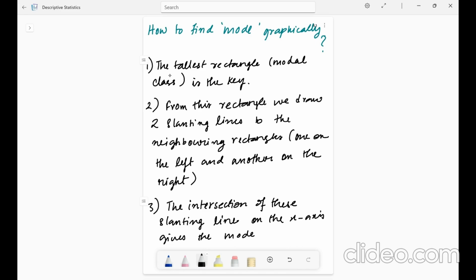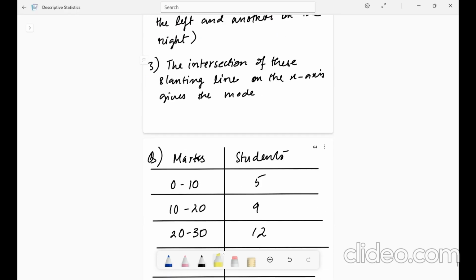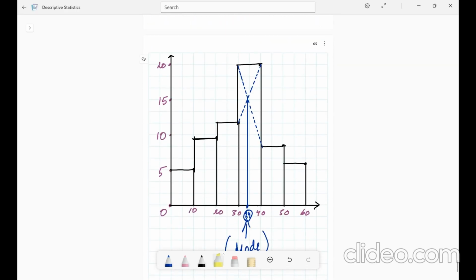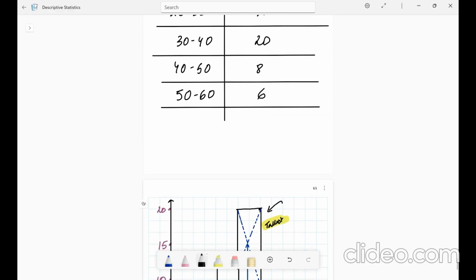Now, next part is how to find the mode graphically. First, the steps: the tallest rectangle is the modal class, and that is the key. Modal class is the key. Second, from that rectangle, see, if I show you the graph, this is the tallest bar where we drew the mode.